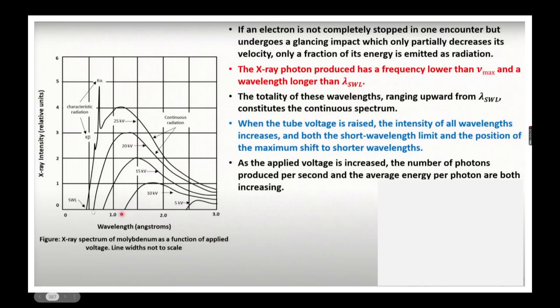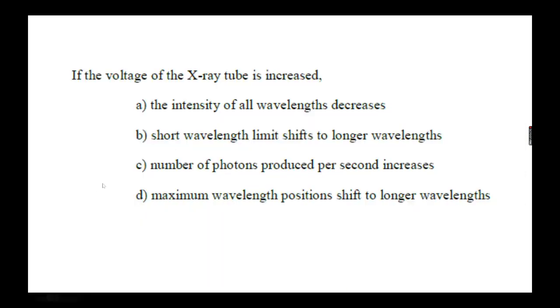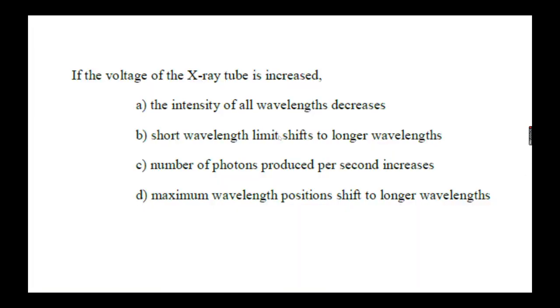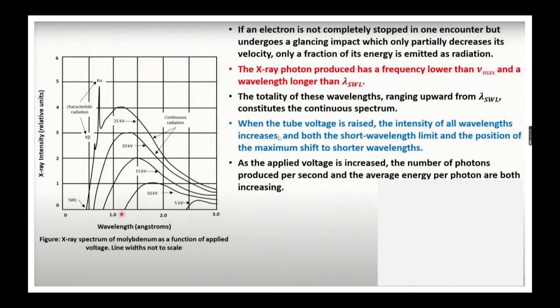Okay, so here you can say the more the voltage increases, the more the intensity, and then more photons will be produced per second.